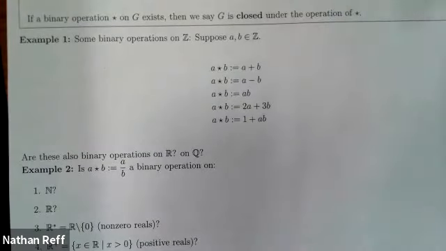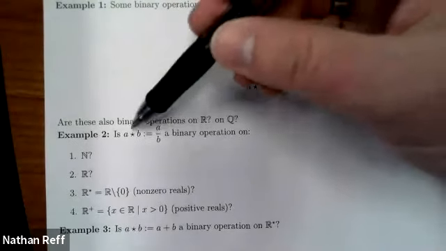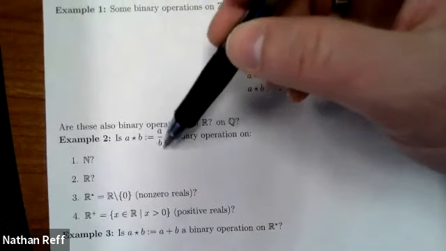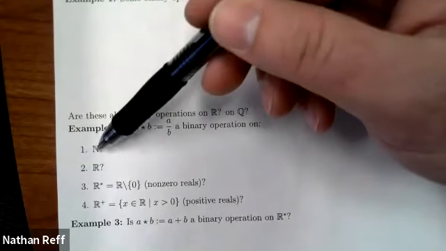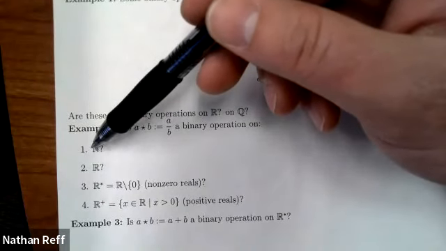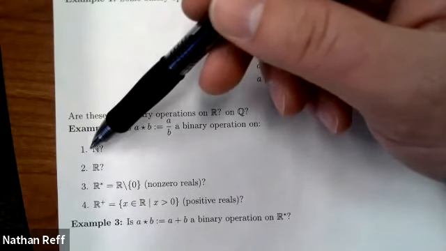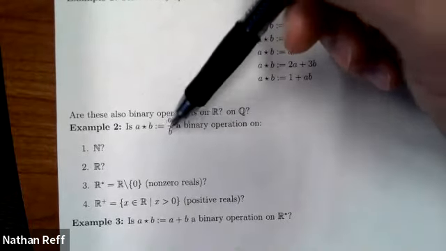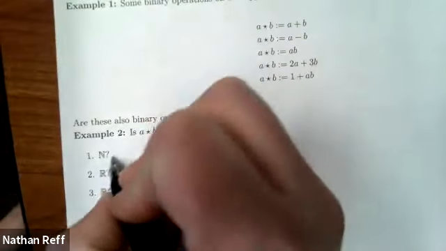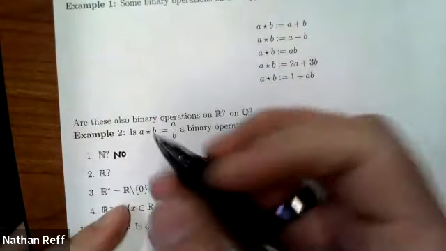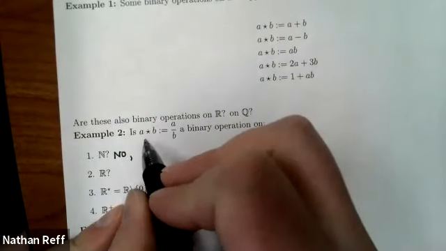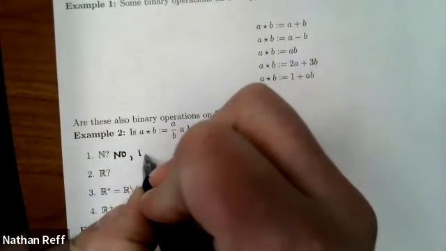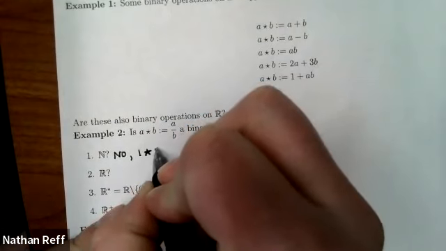Okay, well, what if we rewrote this as division, A over B? Now, if we're talking about the natural numbers, where natural numbers are positive integers, is this going to be a binary operation? No, right? To verify that it's not, all you have to do is give me a counterexample. What about 1 star 2?